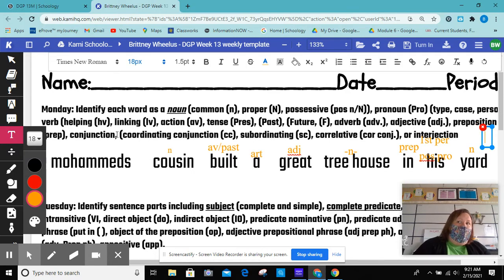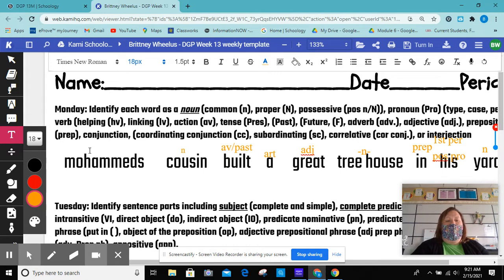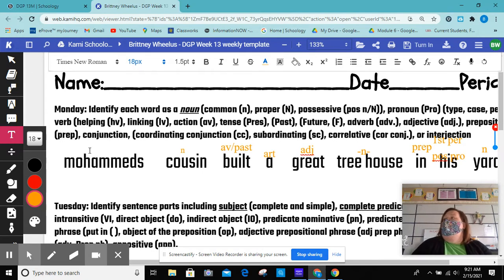All right, now we've got to look at Mohammed's, okay? Mohammed's is what kind of noun? Common or proper? It's proper, okay? Who can tell me what else is significant about Mohammed's? It is somebody, but who is Mohammed?